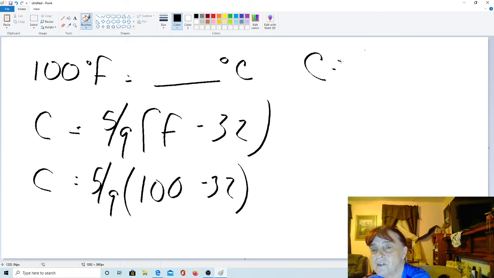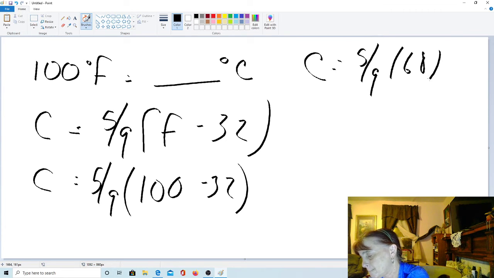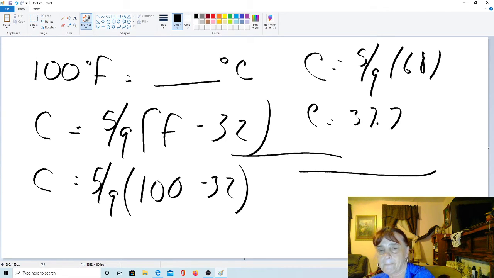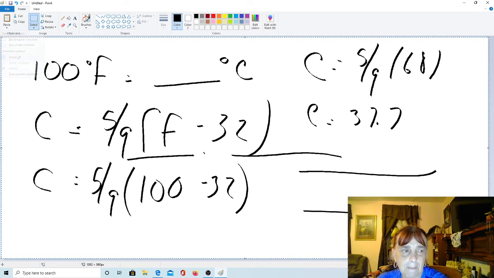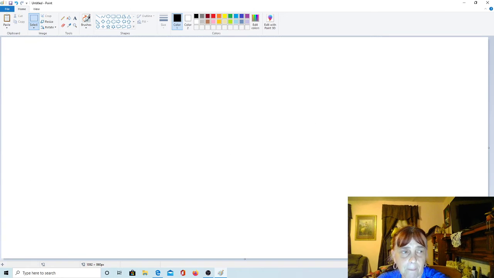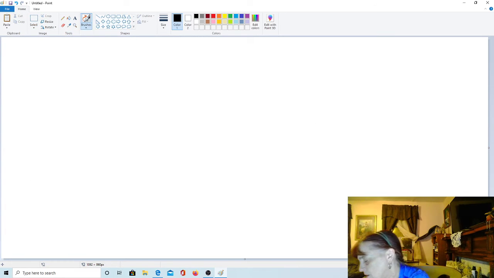So C is 5/9 times 68. Okay, so degrees Celsius is going to be 37.7. Okay, so that's dealing with the temperatures and the conversions of dimensional analysis.